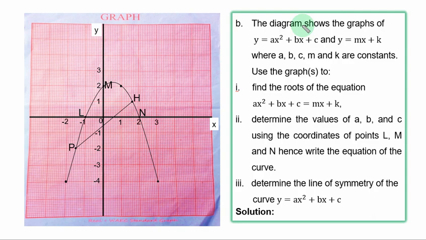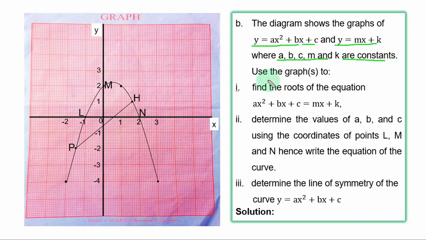Question 7b. The diagram shows the graphs of y equal to as squared plus bs plus c and y equal to ms plus k, where a, b, c, m, and k are constants.